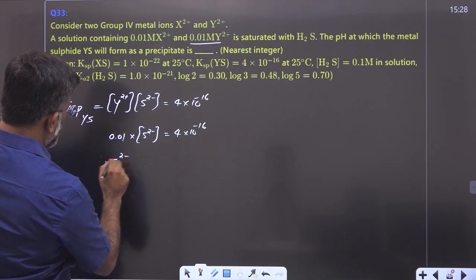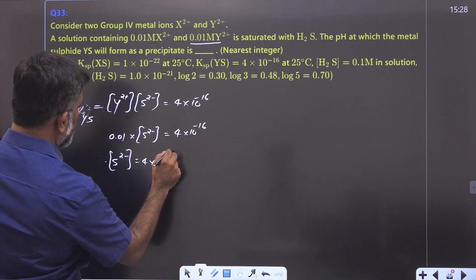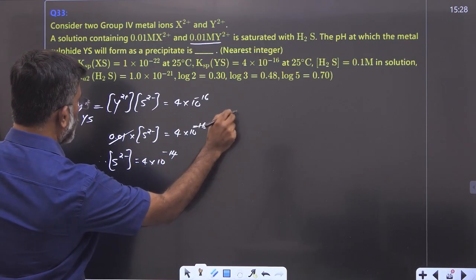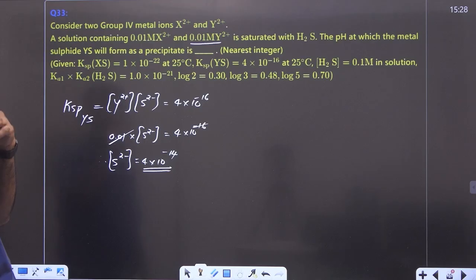Therefore, the S2 minus concentration will be 4 into 10 power minus 14. This is the S2 minus concentration.